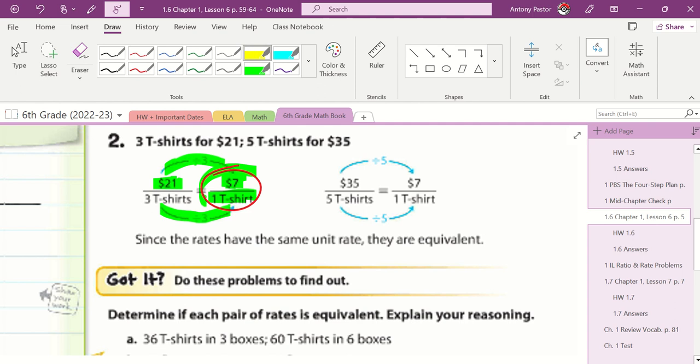On this side, I have $35 for 5 t-shirts, dividing it by 5 so that I get the 1 t-shirt, the unit. If I divide 35 by 5, I get $7 per t-shirt. Since both of these are $7 per t-shirt when simplified, they are equivalent. They check out.